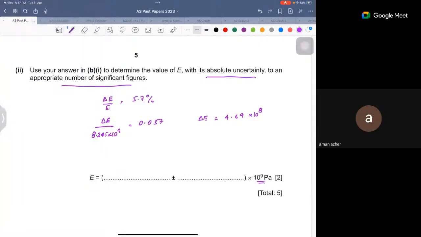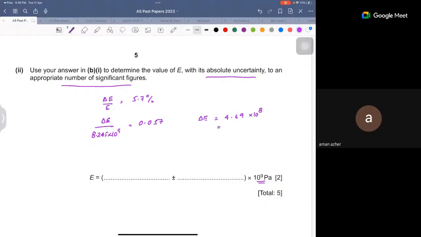Even if it has not been mentioned, you should basically match the powers. Why is matching the powers important? Because then your decimal places of the uncertainty would be right, and that way you can write the answer to the correct significant figures, because otherwise we won't be able to do it.